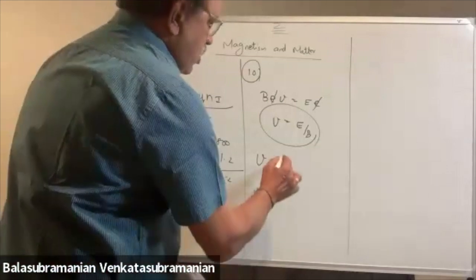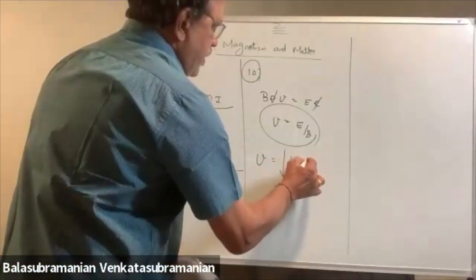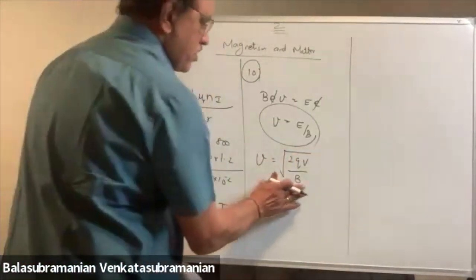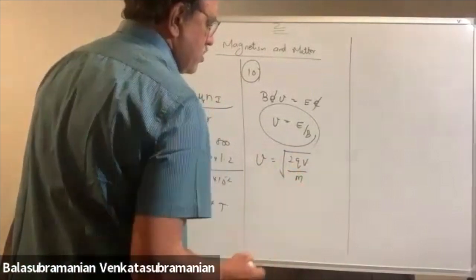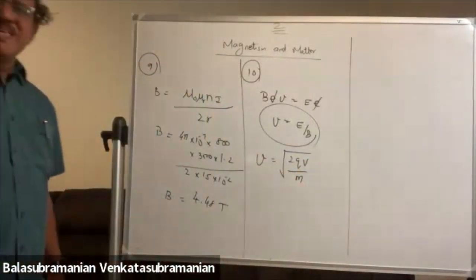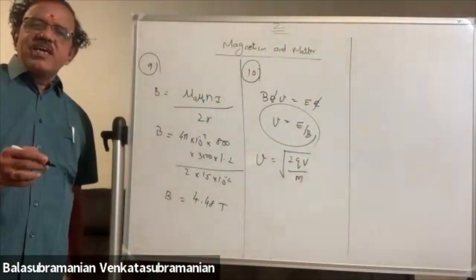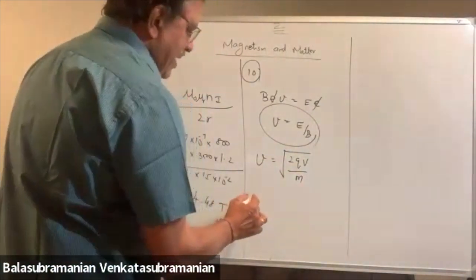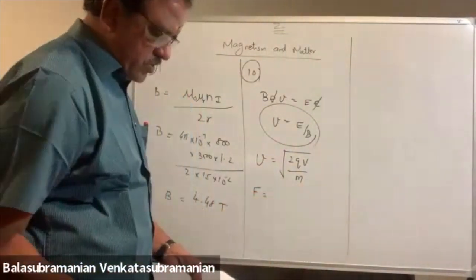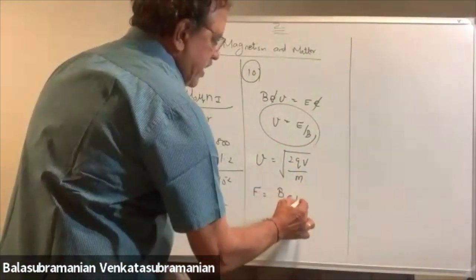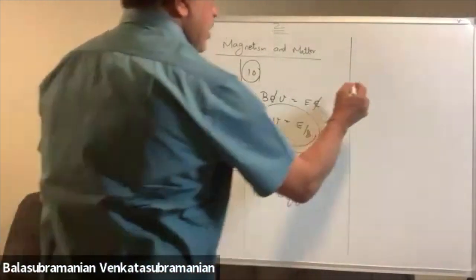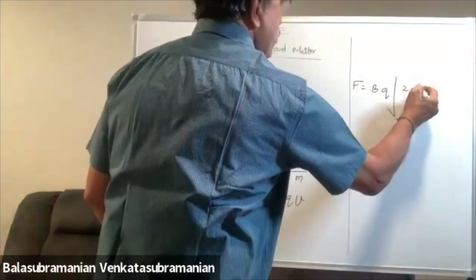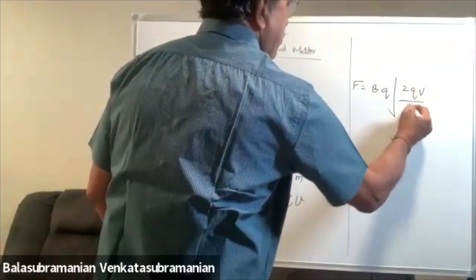v is equal to root of 2qV by m. This is the velocity with which the particle is moving in the electric field. Therefore, the magnetic Lorentz force, that is the question, BQV sin 90. So F is equal to BQ, v is root of 2qV by m.